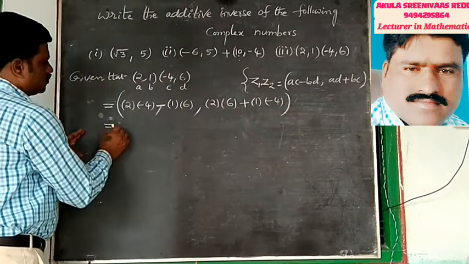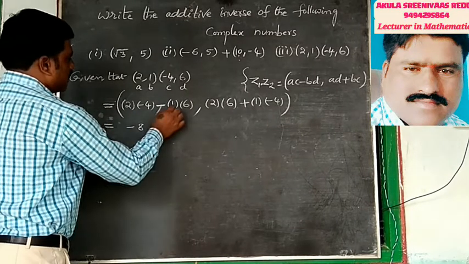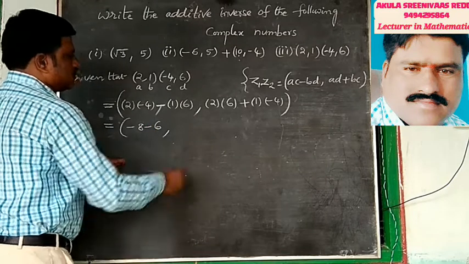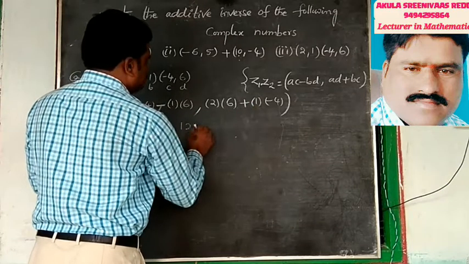So that is equal to 2 into -4 means -8, -1 into 6 means -6, 2 into 6 means 12, 1 into -4 means -4.